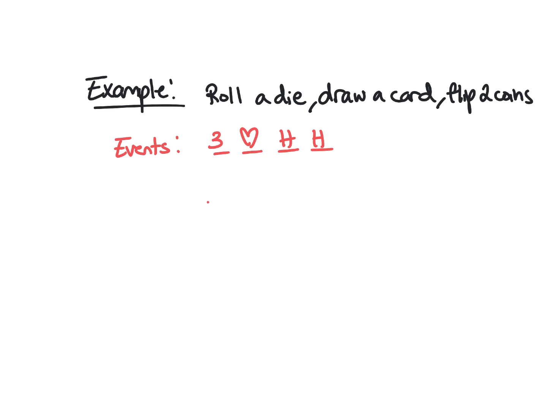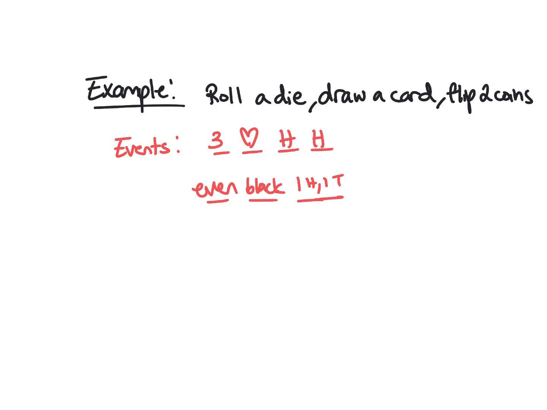Another would be roll an even number, draw a black card, either a spade or a club, and then flip 1 head and 1 tail. These are just examples of events, and once you figure out all the possible outcomes, you could see how many of them correspond to these.